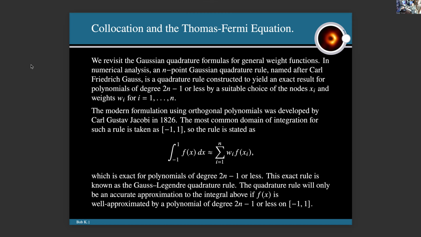And like I said last time, I got an English translation of his paper, and it was, for me, almost impossible to read. So eventually, Carl Jacobi in 1826 did what we do today using the regular numerical analysis work that we do.